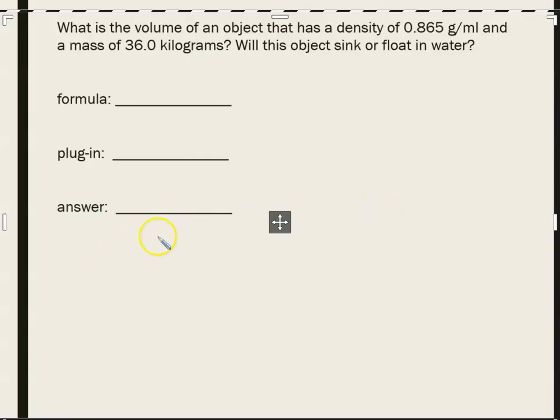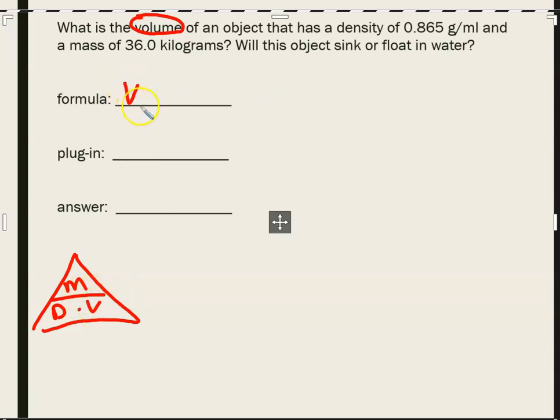All right. So with that being said, I'm going to come down here and draw my little triangle. And it's mountains over Death Valley. So our formula, we're wanting to find volume. So volume, if I put my finger over this, is the mass of the object divided by the density of the object.